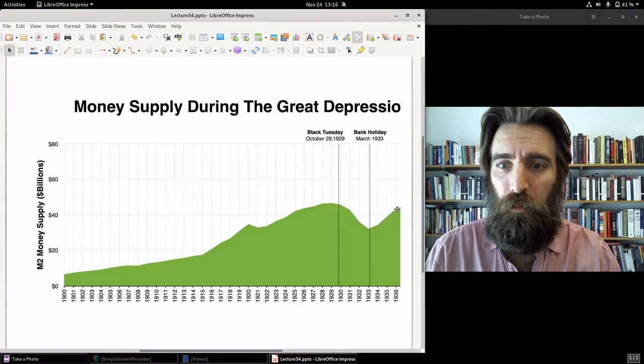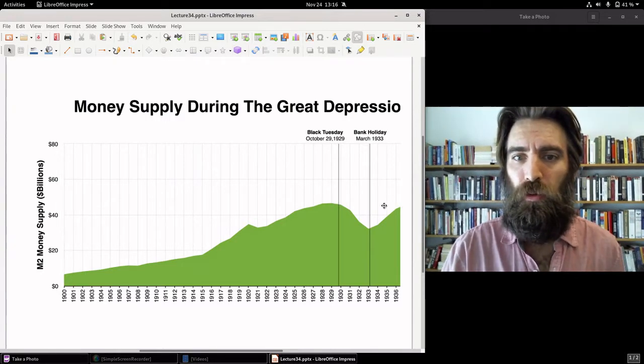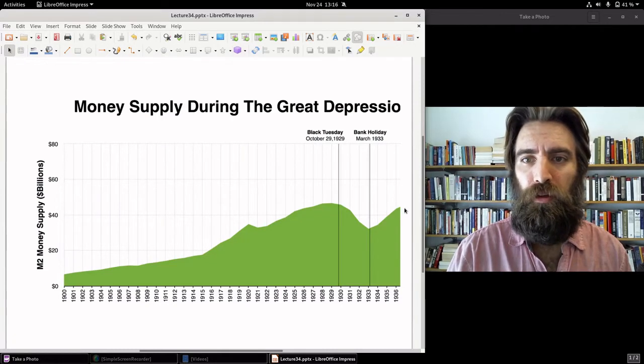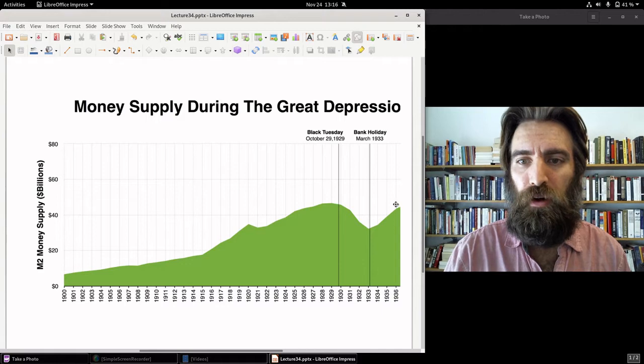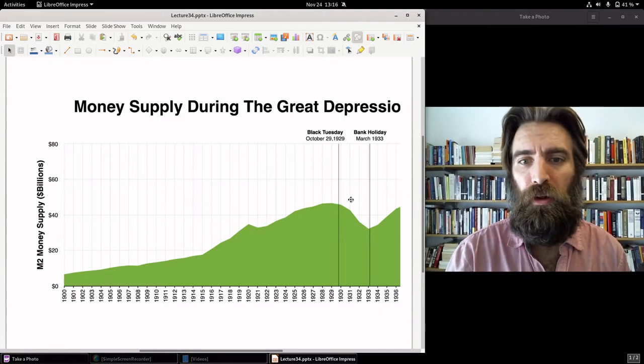and the money supply returns to that 1928, early 1929 level. And that really was the goal of FDR in this early period, was to reflate back to late 1920s levels. And you can see it's achieved there.